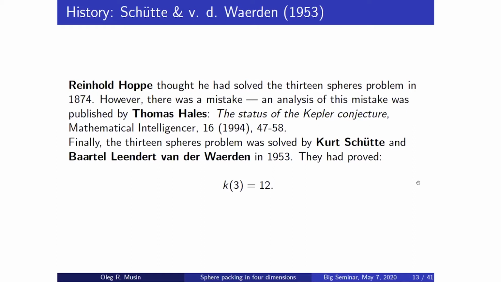But there are some gaps. Actually, Thomas Hales published, you can see the reference here in Mathematical Intelligencer, 1994, a counterexample to Hoppe's proofs. But there were other attempts. Finally, this problem was solved by Kurt Schütte and van der Waerden in 1953, and they finally proved that the kissing number in dimension 3 is 12.